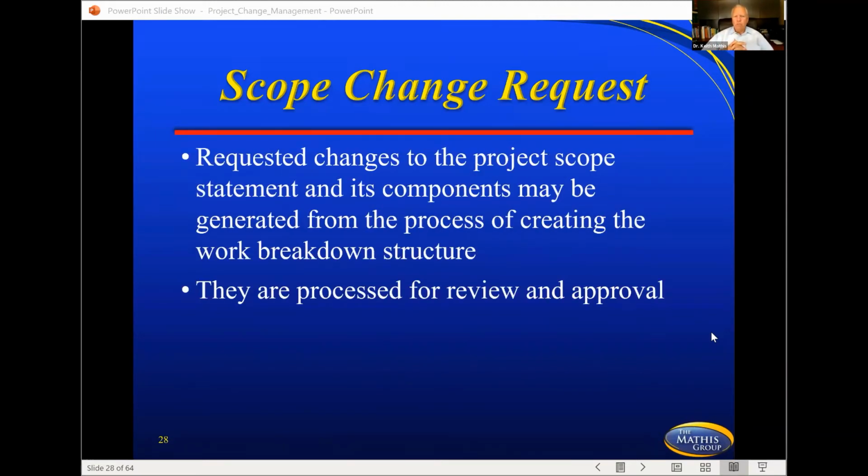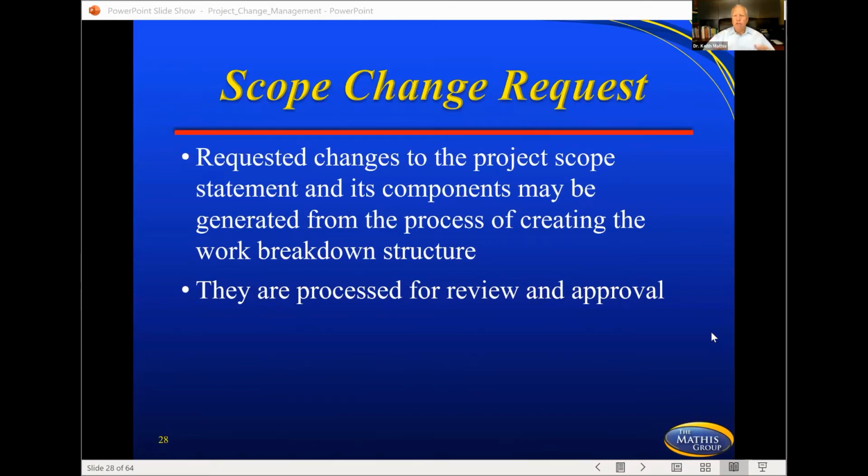Requested changes to the project scope statement and its components may be generated from the process of creating the work breakdown structure. They're processed for review and approval. What that means is that you might find yourself, for the new work, having to do a new work breakdown structure of the categories of work, and then underneath it, breaking it down into work packages somewhere between 8 hours and 80 hours so that you can determine the cost and also the duration of each of those chunks of work.